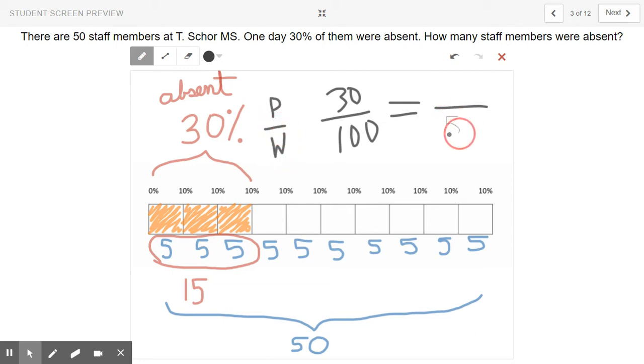So I put 50 on the bottom because that's the whole staff. And I don't know how many out of 50 makes 30%. So if you look at this, 100 divided by what makes 50? 100 divided by 2. So what's 30 divided by 2? 15. So 15 staff out of 50 equals 30%.